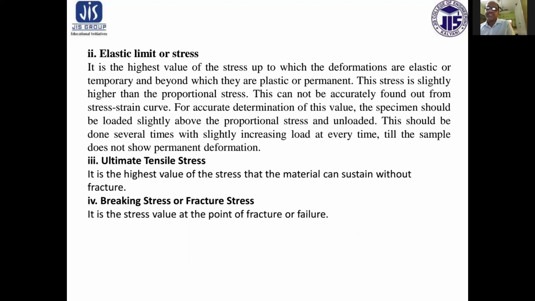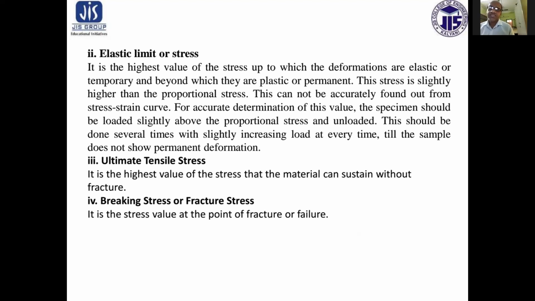This stress is slightly higher than the proportional limit. It cannot actually be found from the stress strain curve. For accurate determination, the specimen should be loaded slightly above the proportional limit and unloaded. This should be done several times with slightly increasing load each time, until the sample shows permanent deformation.